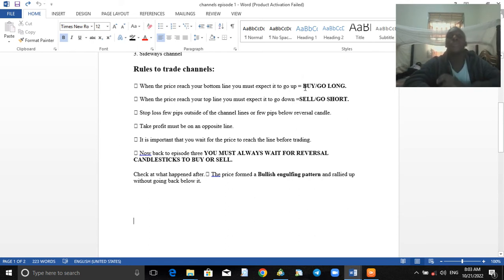Before you click buy or sell, wait for the price to reach the resistance trend line or the support trend line. When the price reaches your support trend line, wait for a weak rejection or a candle close before you buy or sell.